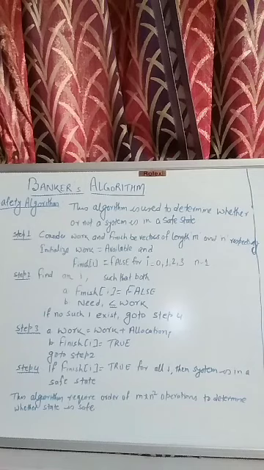In the first step, a safety algorithm is used to determine whether or not a system is in a safe state, and after that a resource request algorithm is used to determine if requests can be safely granted.